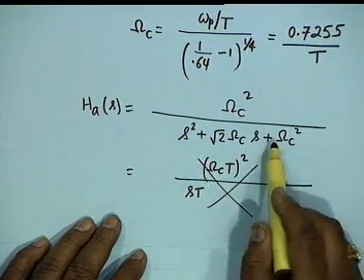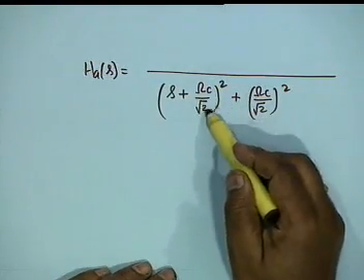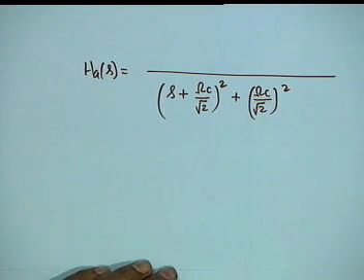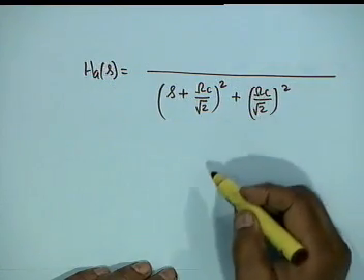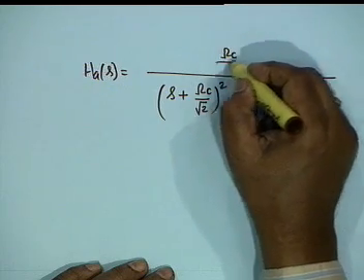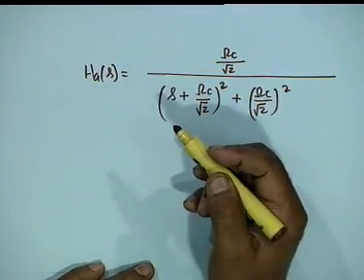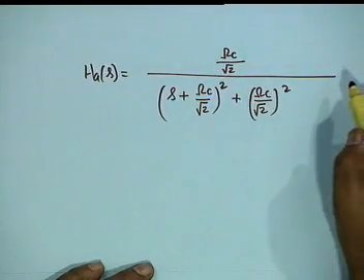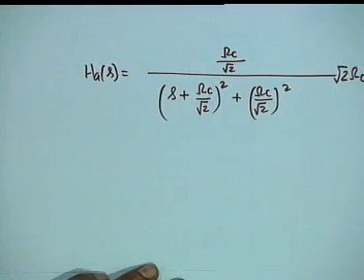I have to make it a whole squared. So I get omega c by root 2, and once we take omega c squared by 2 out, the other remaining factor should be omega c squared by 2. So b is also omega c by root 2. Then we must bring b here, omega c by root 2, and therefore the multiplying factor shall be root 2 omega c. Is that right?